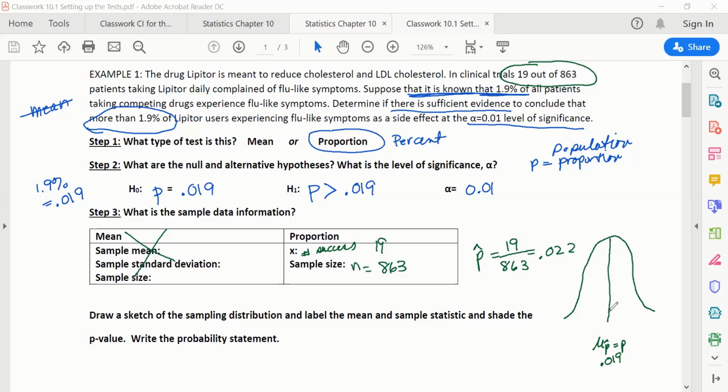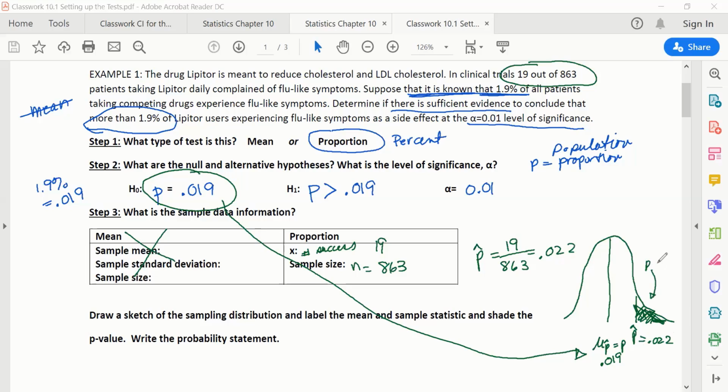So the number that appears here is the mean of our distribution. Our p hat is 0.022. So our p hat is going to be over here, and it's slightly bigger, 0.022. And this shaded area to the right, this is our p-value.